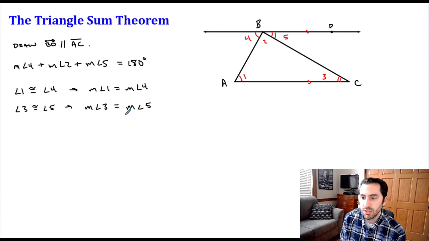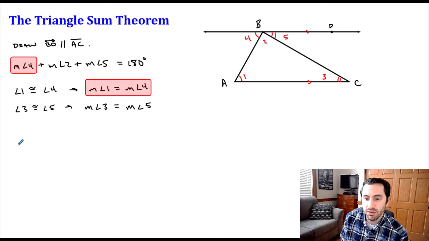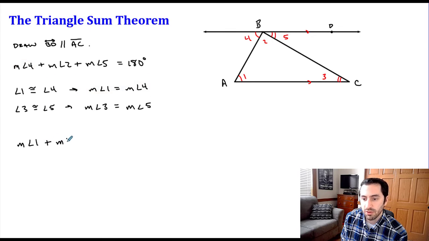So now we have some relationships between these angles, and we can do some substitution. Instead of the measure of angle 4 in our equation, we can substitute in the measure of angle 1. So replacing the measure of angle 4 with the measure of angle 1, the measure of angle 2 will stay as is.